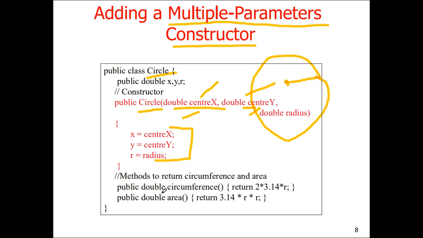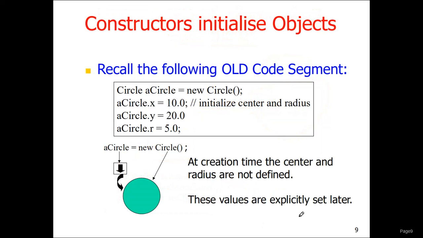Now I can do this. See, then you can see this in a circle wherein I have a new circle. That means I am initializing the value of x, y, and r as 10, 20, and 5. So this is what happens. See, a circle is called a new concept.